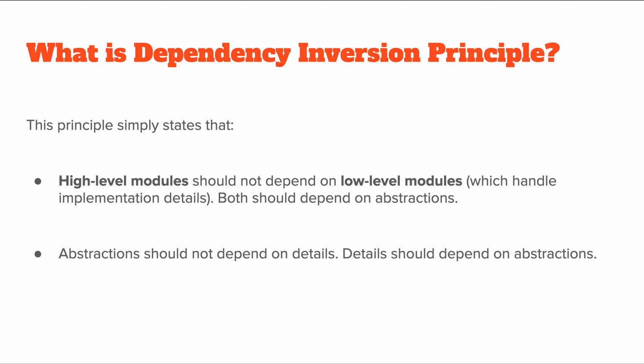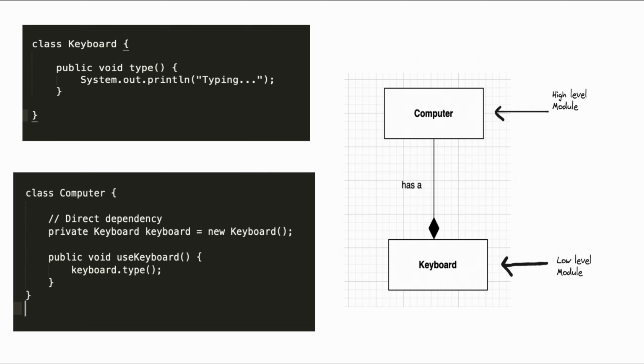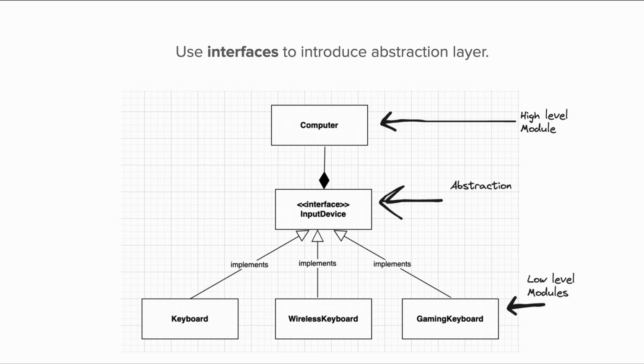Both should depend on abstraction. So both the high level and low level module should depend on abstraction. It means we have to create an abstraction in between, right? So I hope you already understood what abstraction I'm talking about, right? So let's go back to the solution part.